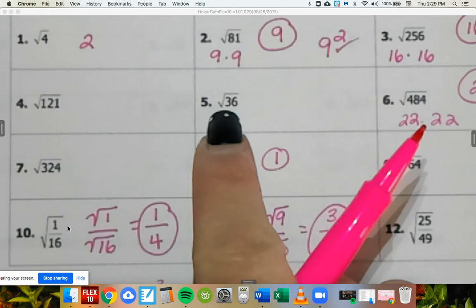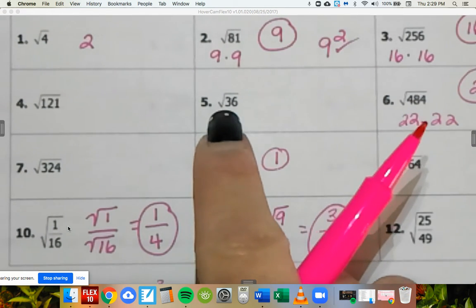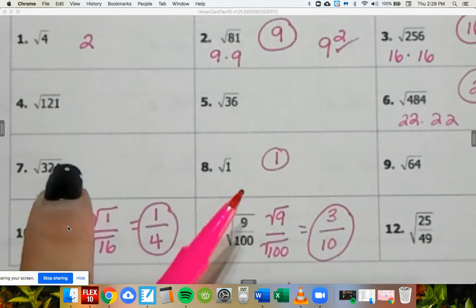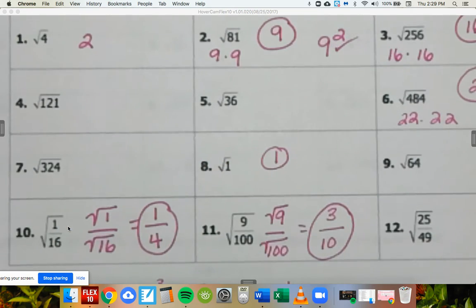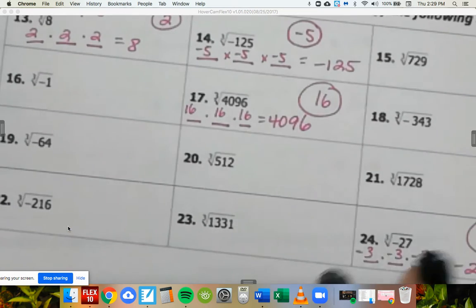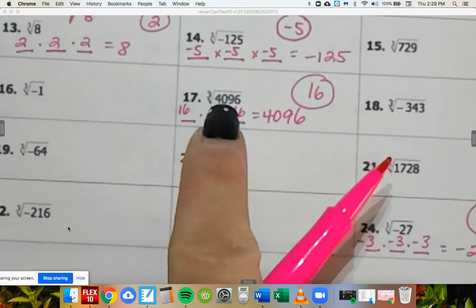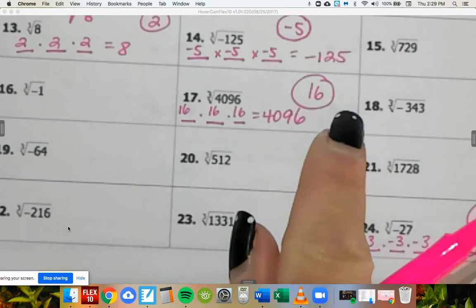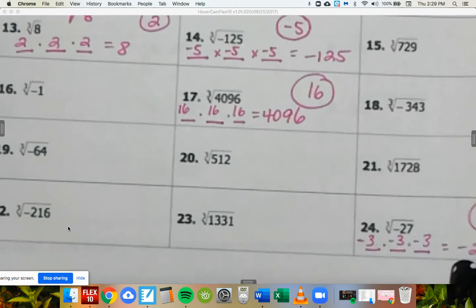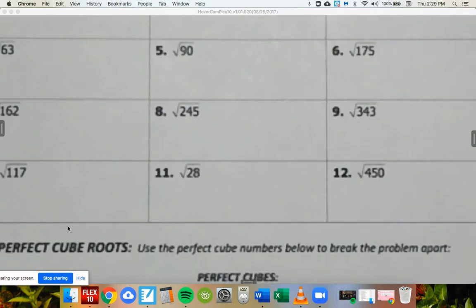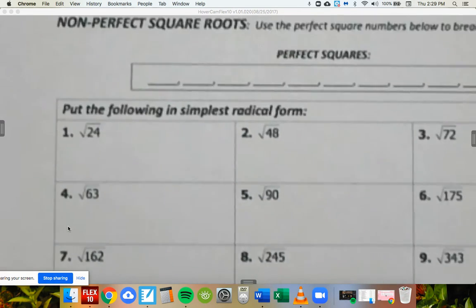These are called perfect squares. Like 36 is a perfect square. 1 is a perfect square. 121 is a perfect square. And then down here, these numbers are perfect cubes, right? These are nice little perfect cubes, and you can take the cube root and you get a nice little answer. But what if I have numbers that are under the radical sign that are not perfect squares or not perfect cubes? Well, then it gets a little tricky.